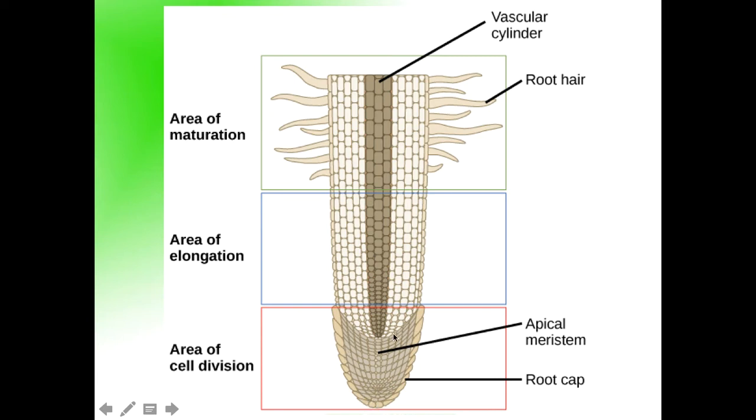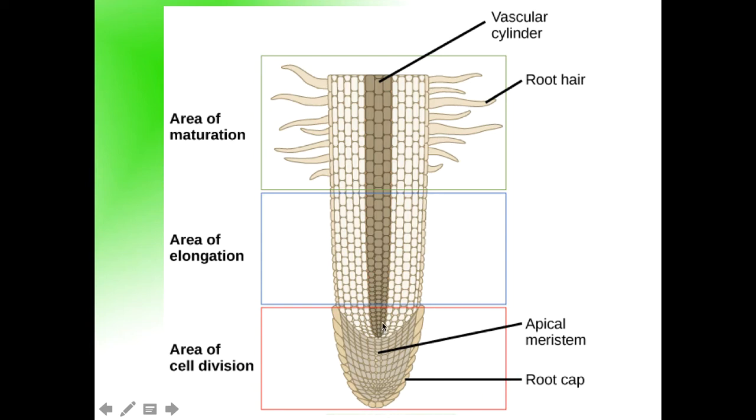This is the tip at which you will find the meristematic tissues. Here all the cells are rapidly proliferating, and here is where the new cells are formed. That's why this part is called the apical meristem, and the outside of the root tip is protected by the root cap again.